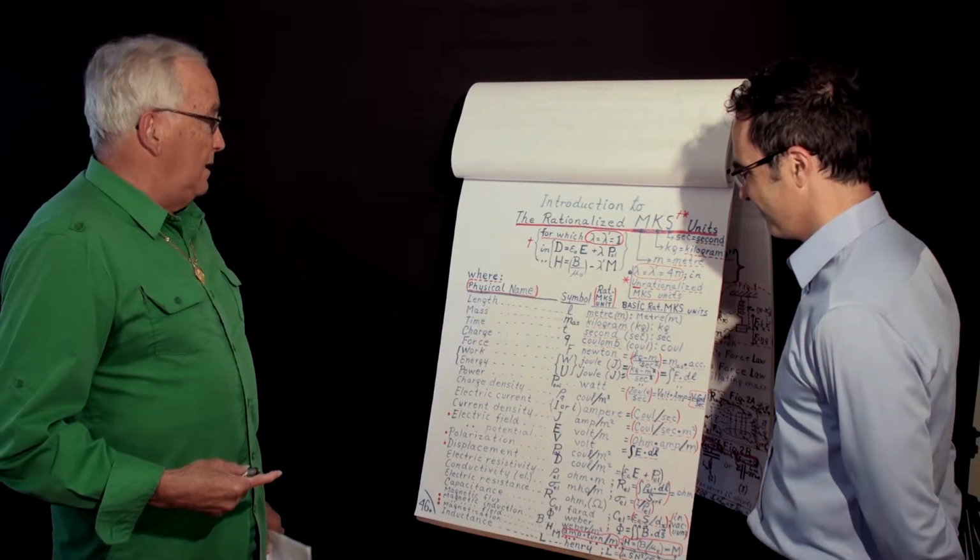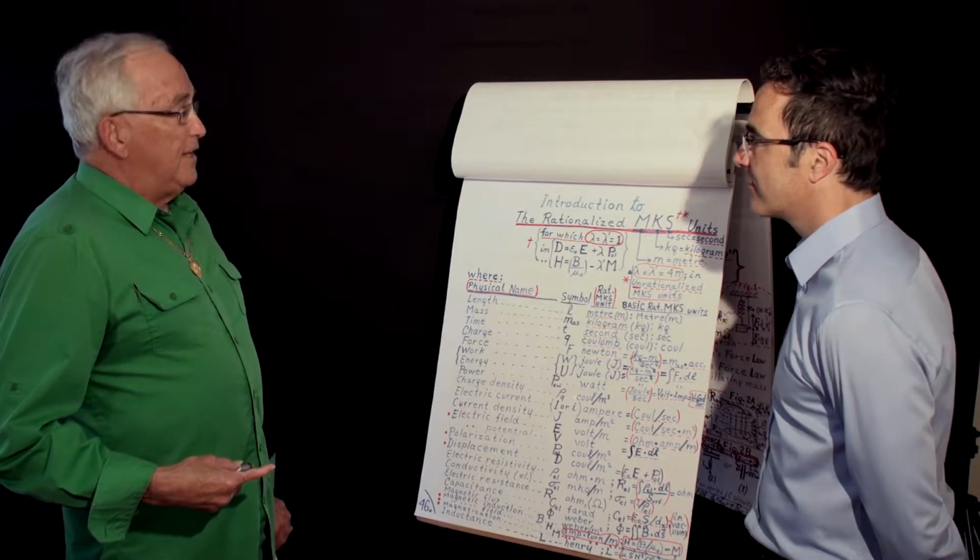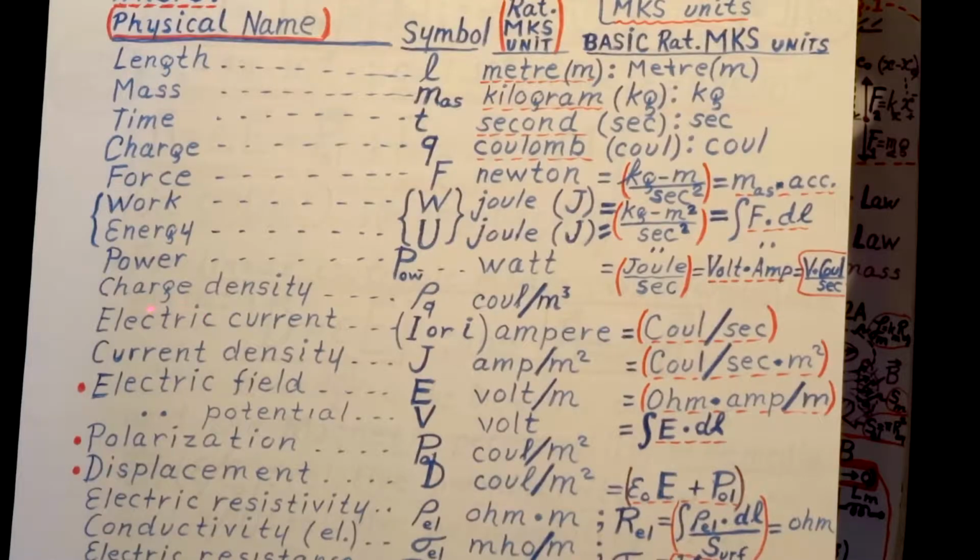So that doesn't work to get the right answer, okay? Now, charge density in MKS system is Coulomb per cubic meter, okay? And current in MKS system is ampere, okay? Current density is ampere per square meter, it's a density. Electric field, volt per meter, okay?